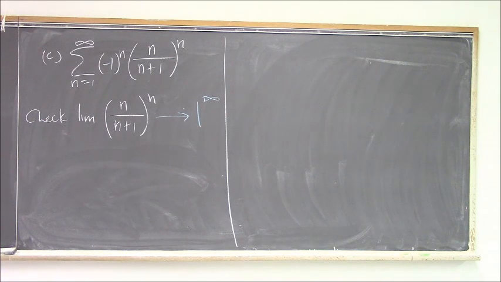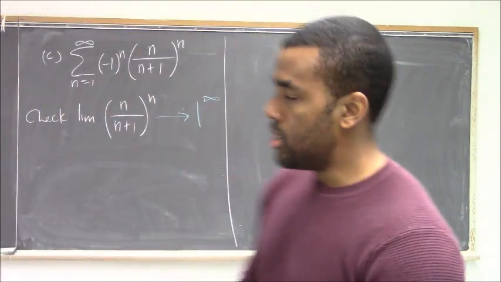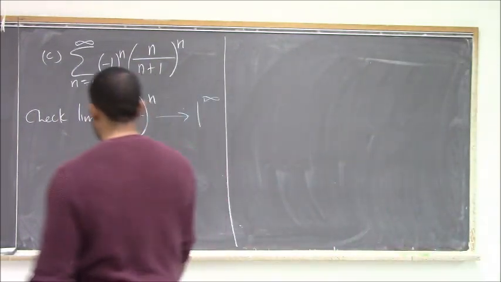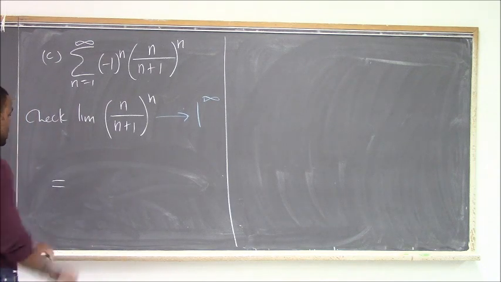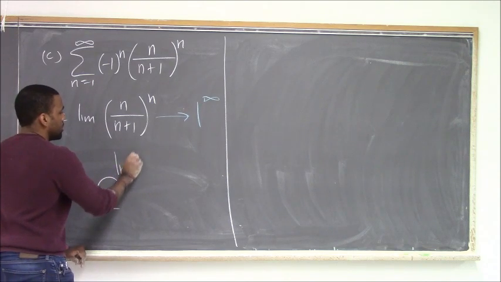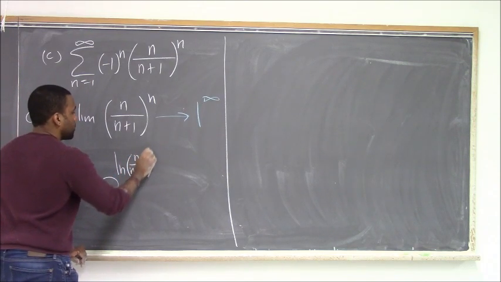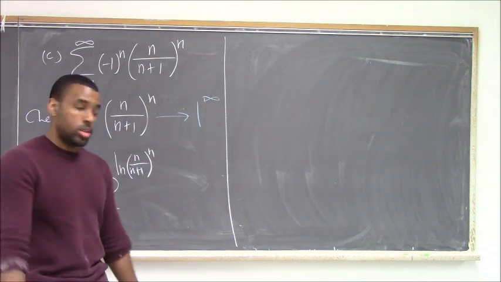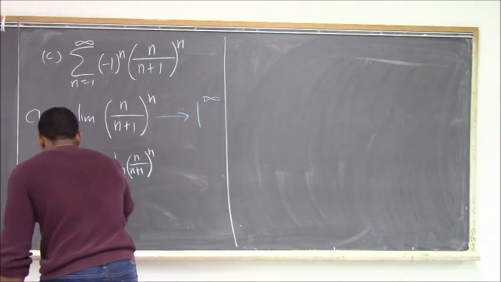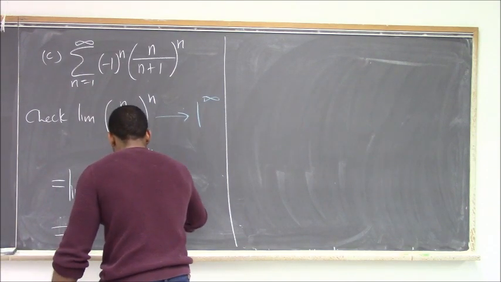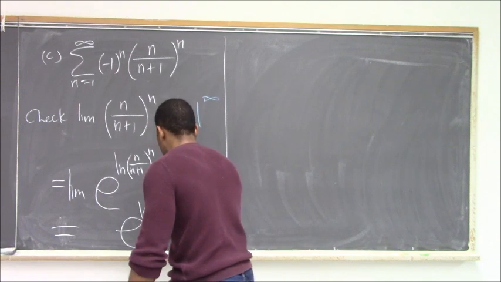Okay, let's be like an average mortal here and do this the way that other people have done it. You could get an ln in here to bring that power down by writing it as e to the ln of that thing. And since we know limits pass through continuous functions, that was something that we learned in Calc 1, this is actually equal to e to the limit of the ln of n over n plus 1.